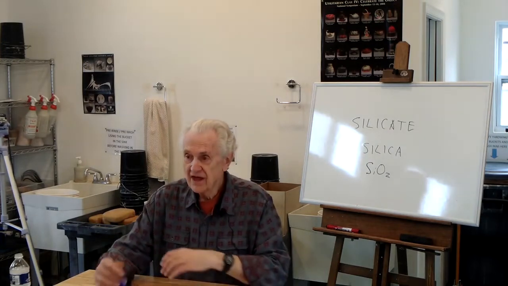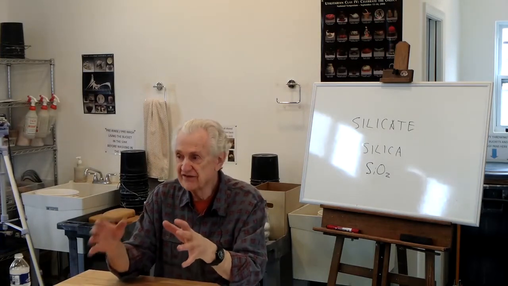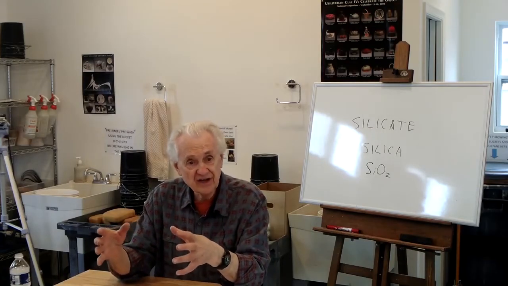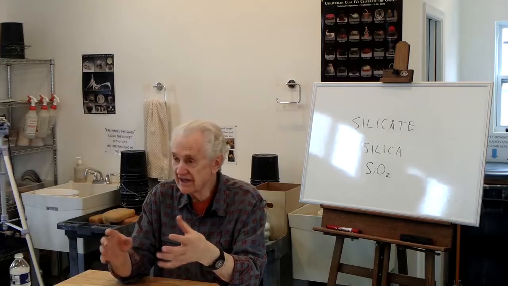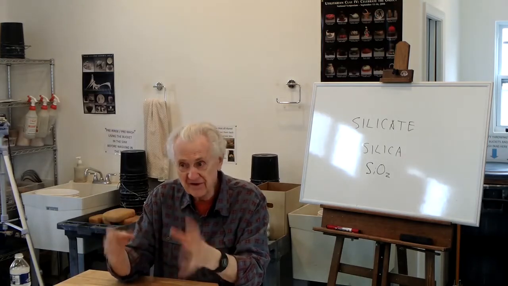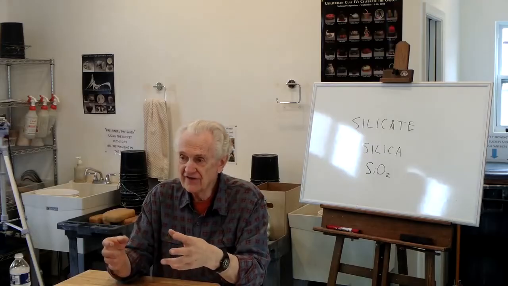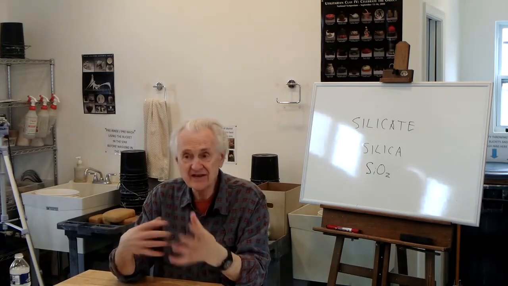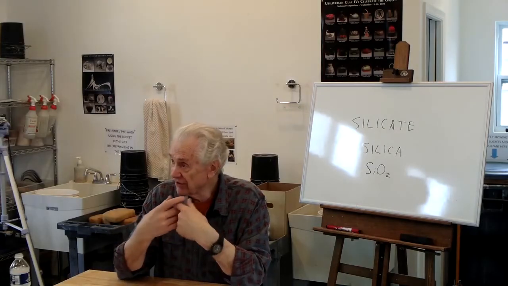One of the things we're going to be talking about is, when we talk about glazes, there's the base glaze. That's the basic components of the glaze that determine the important properties: the melting point, whether it's shiny or matte, all the fundamental properties. And other things like color or whether it's opaque are really just additives that are put on later.